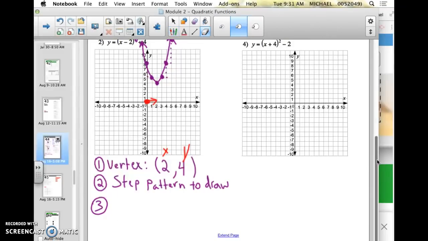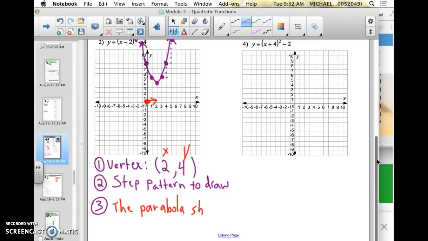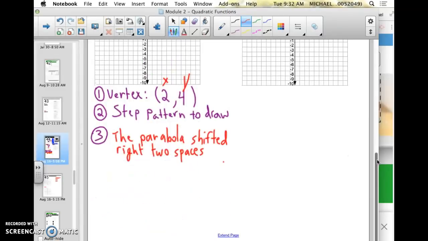Let's use some math words. How about the parabola shifted right 2 spaces. So it shifted right 2 spaces, and then remember the y or the k value is vertical.